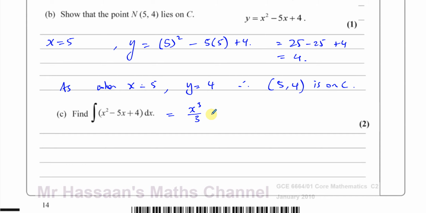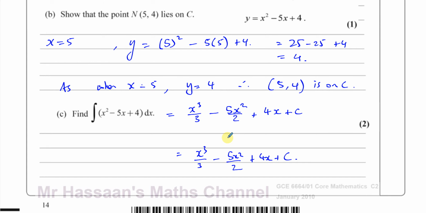So x cubed over 3 minus, then you're going to have 5 times x squared over 2 plus, then for the constant term, you just gain an x, and that's 4x, and then you have to have plus c, which is called the constant of integration, and there's the answer to that question. Doesn't need any simplification. That's it. X cubed over 3 minus 5x squared over 2 plus 4x plus c. Simple as that. Okay, that's part C.